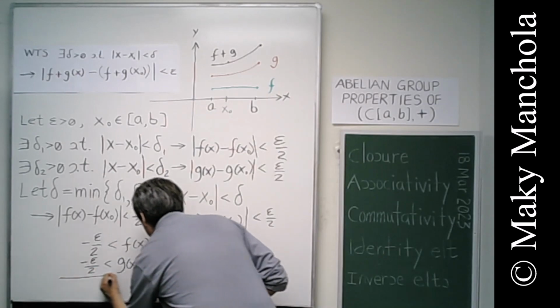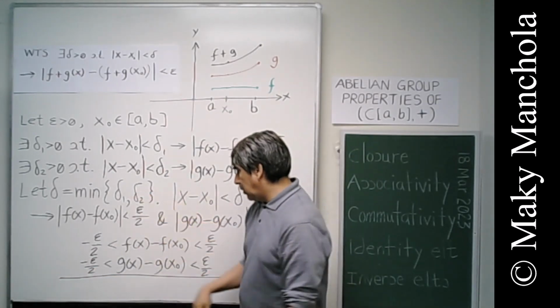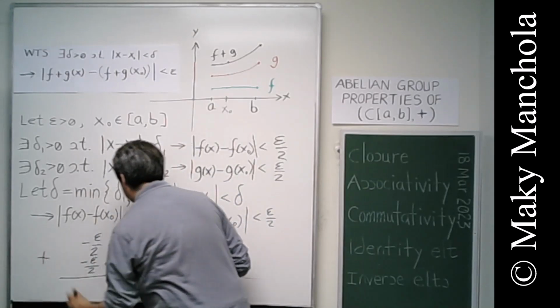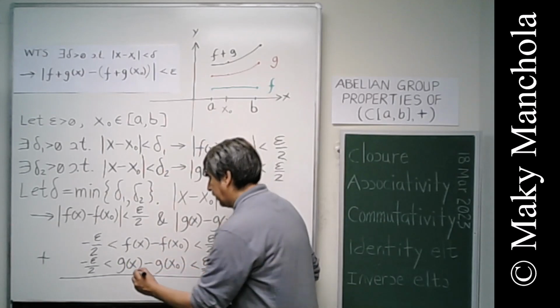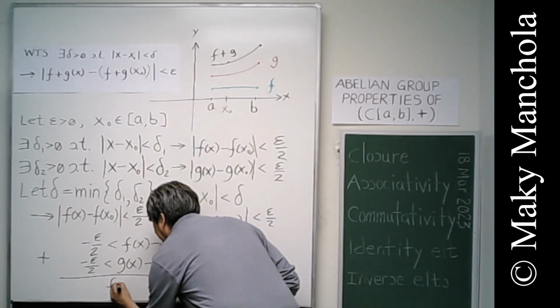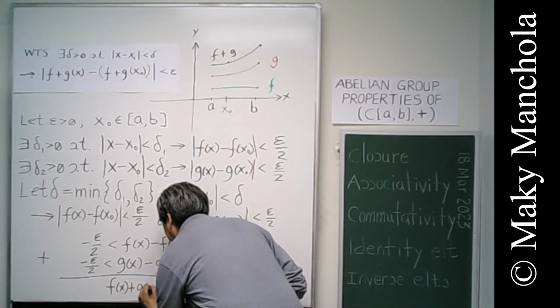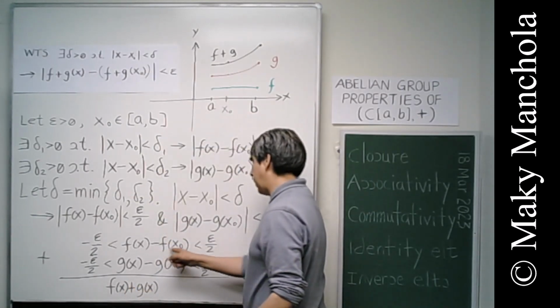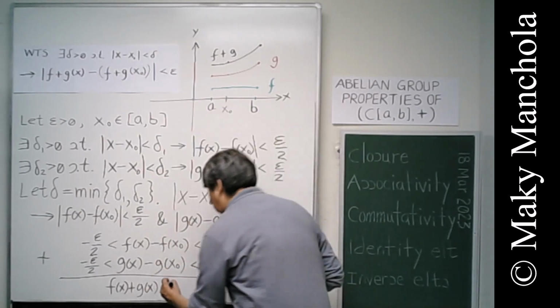Now, what we need to do is add those two inequalities. When we add, in the middle, we get f of x plus g of x minus f of x0 minus g of x0.